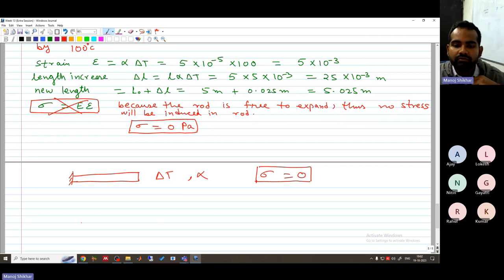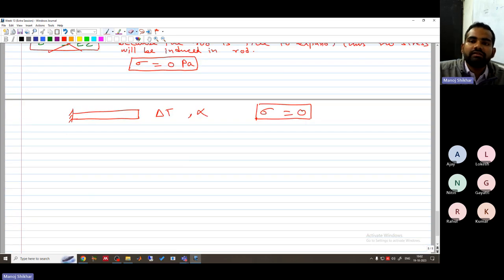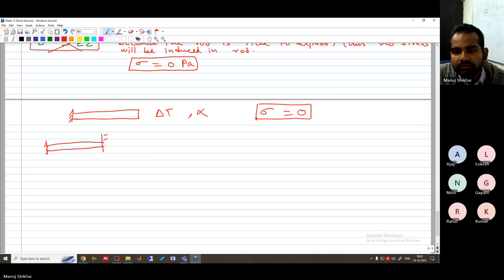Suppose I constrain the rod properly in both directions, or I constrain its motion along the direction of elongation, then there will be stress induction.